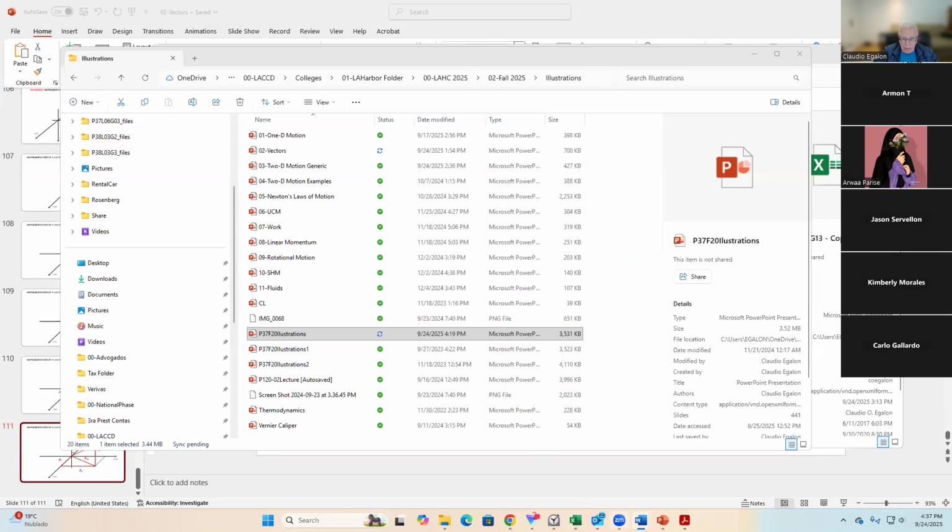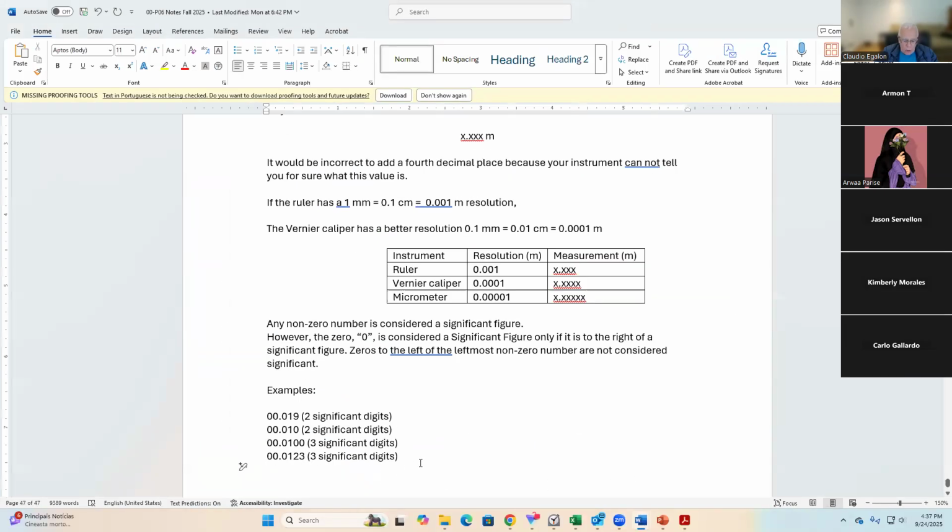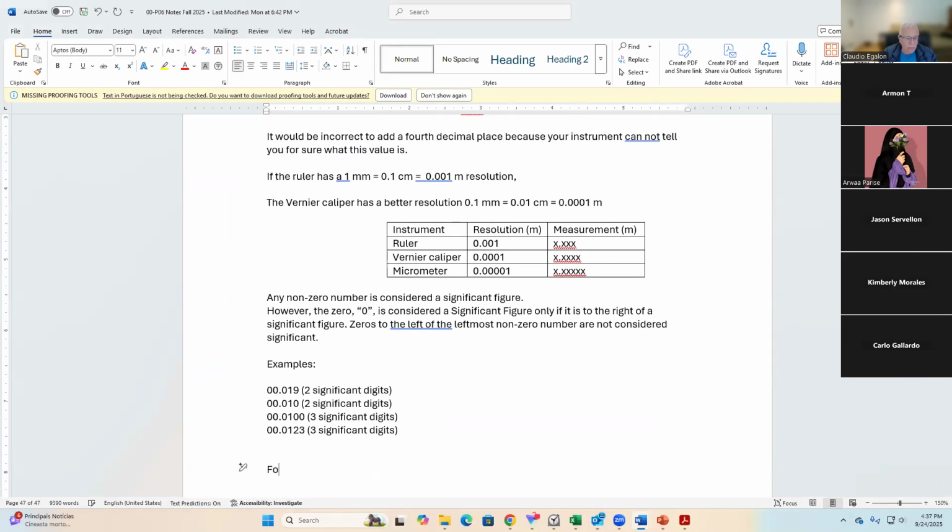I'm going to tell you what scale we used for the measurement of the mass. We used a scale that has the following resolution.